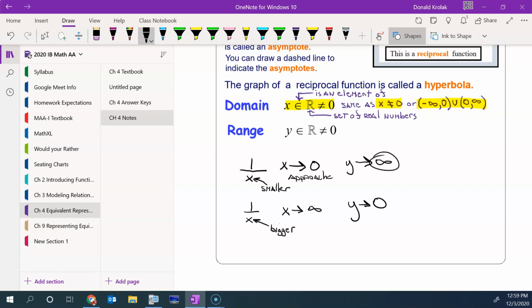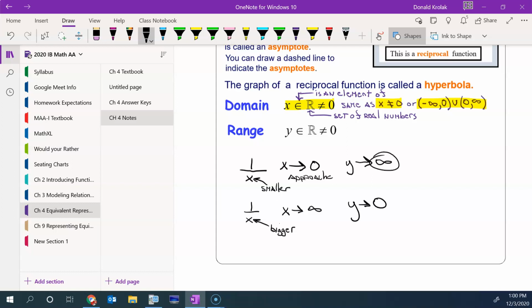Will it ever reach 0? No. It'll get close to it, but it won't reach it. You can't reach infinity because infinity is not a number. It's like an idea, like saying faith. It's not something you can reach.